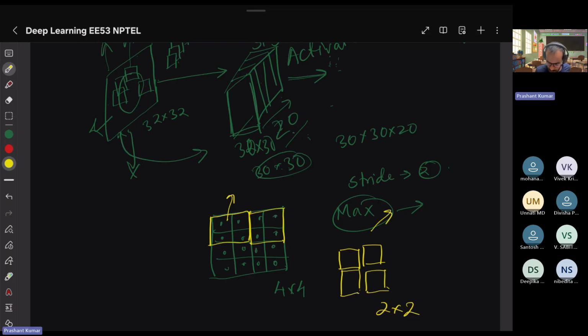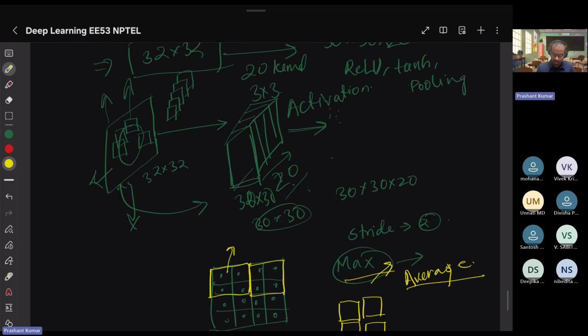Either you can take the maximum value or you can take the average value. So these are the kinds of pooling calculations that are available in the literature. Okay. So after doing this activation, I will do the pooling. After activation plus pooling, I will have a dimension of 15 cross 15 cross 20.